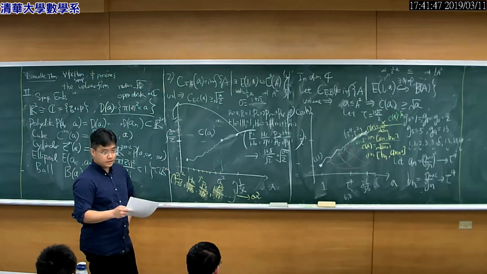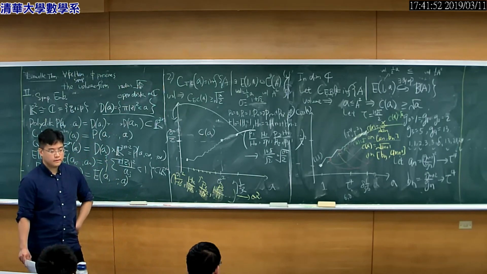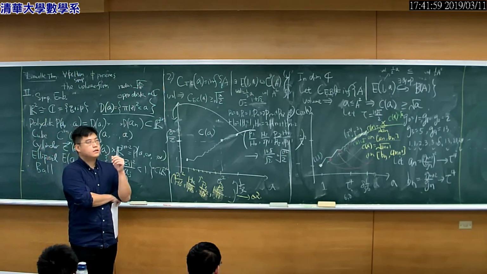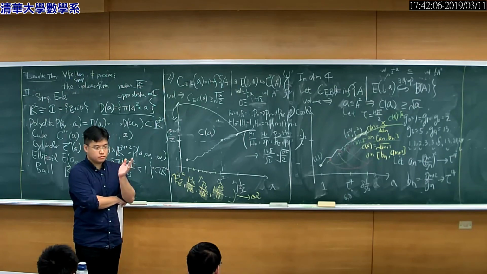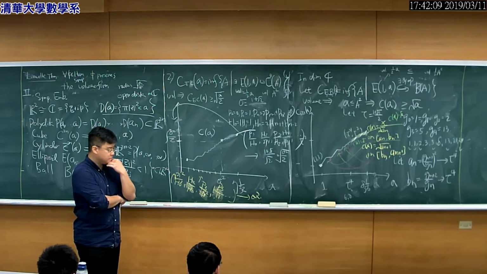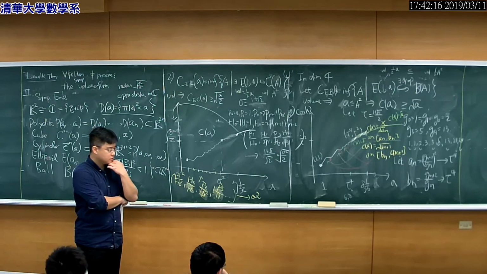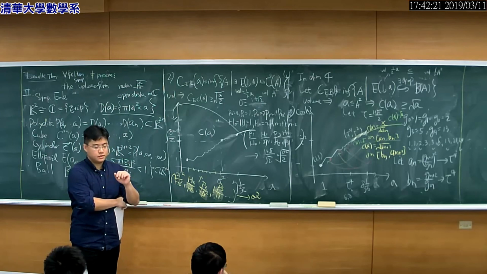You squeeze a ball in a cylinder, so if I want a holomorphic embedding, what will be the lower bound for the capital A? I don't know. Wait, no. I think they are just different problems, very different problems.